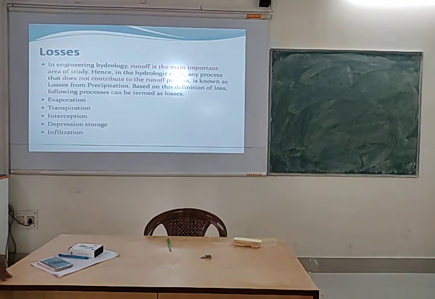That amount is called interception. Depression storage: as we are considering runoff as our main aspect, obviously storage will be considered a loss.